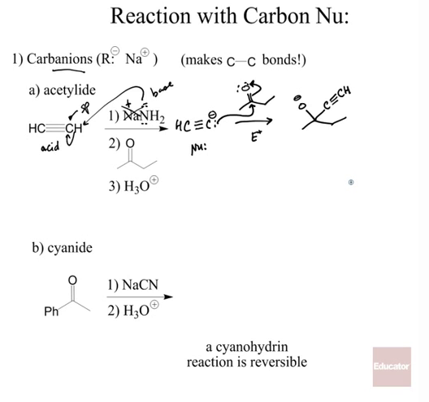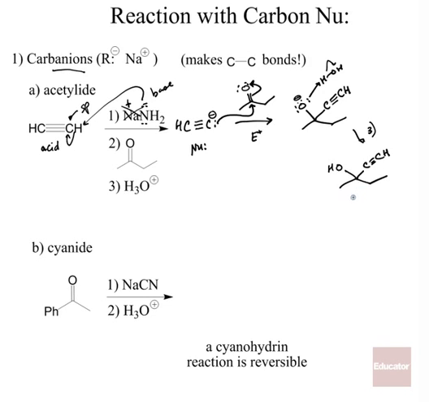And what do we need to do in step 3? Step 3, we need to have a workup so that we can protonate our O-, and we get another alcohol product. When a nucleophile attacks a carbonyl, we get this alcohol.